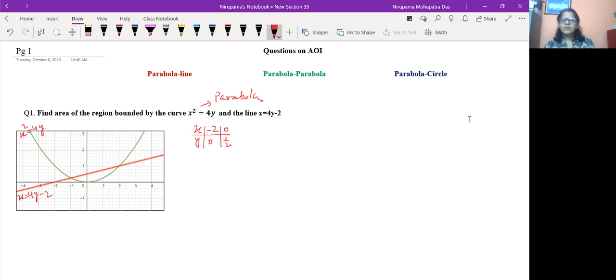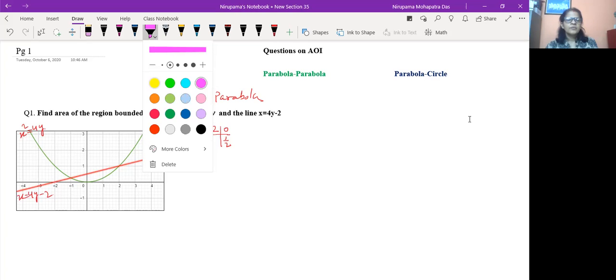Drawing the rough sketch is over. Next, shading the region: you can clearly see the region bounded by the parabola and the line. Are you able to see it?